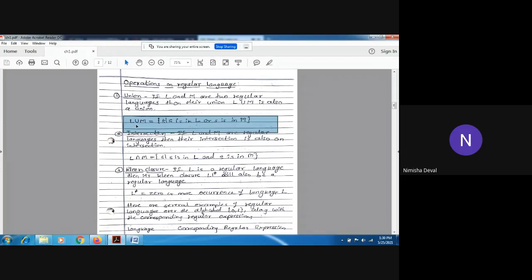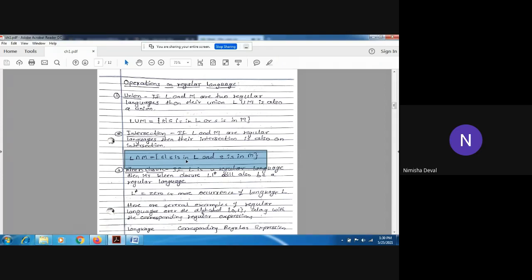You can see L union M means there is a string S, whether S is in L or S is in M. So you have to use the strings available from both the L and M sets. And whenever you are considering the intersection, only common strings will be fetched out.